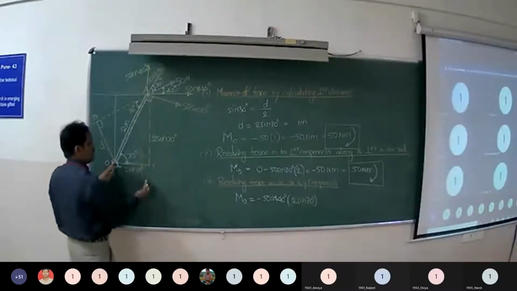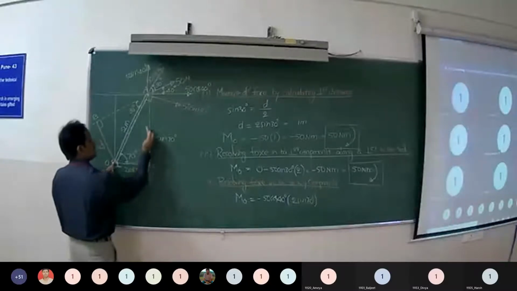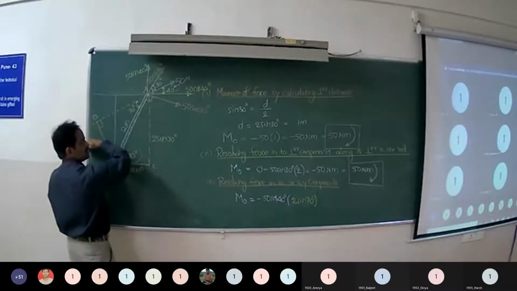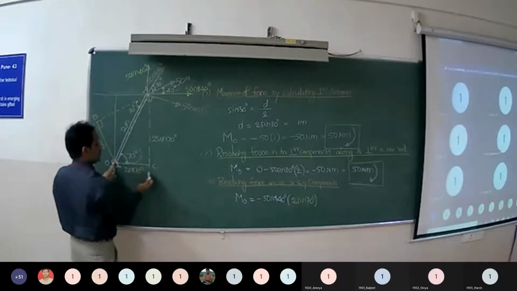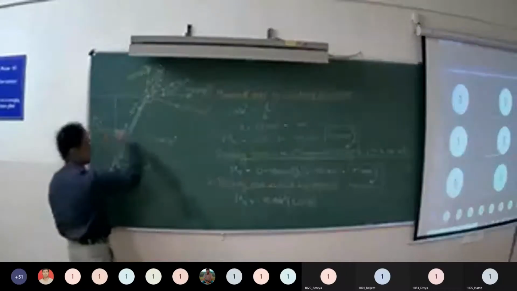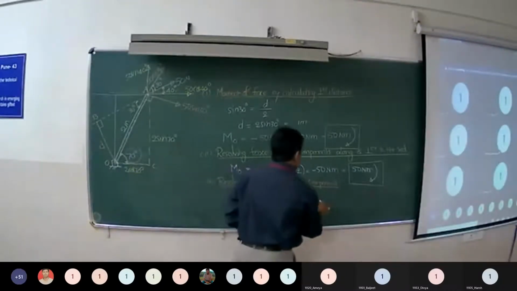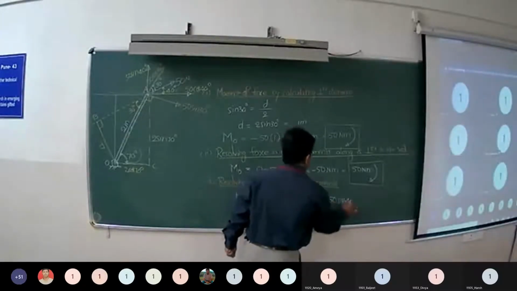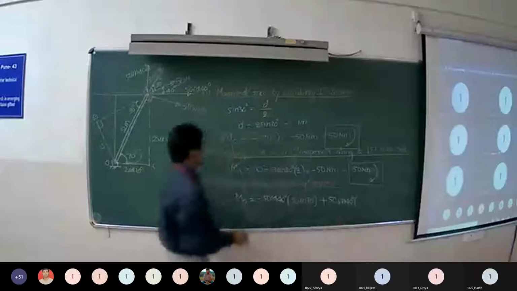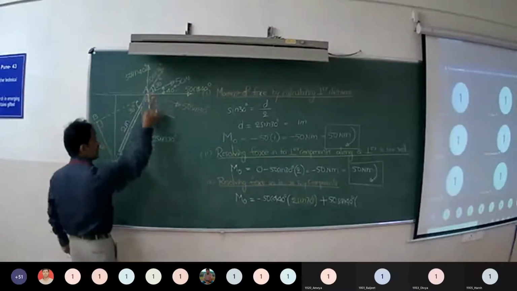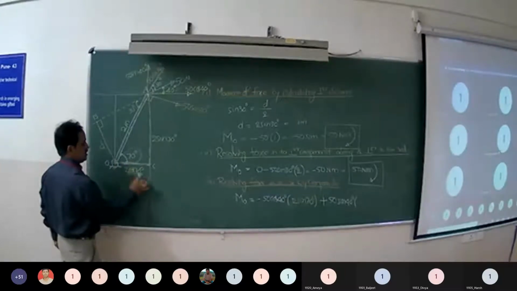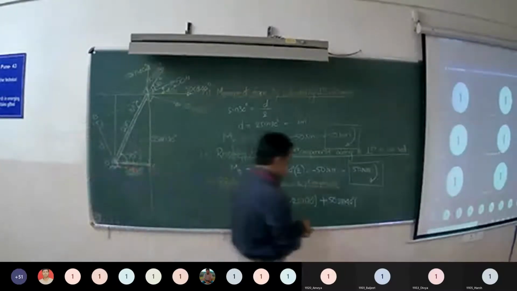It is acting vertically upwards, so it will create anti-clockwise sense. So it is plus 50 sin 40 into the perpendicular distance from the line of action of the force to point O, that is nothing but OC, 2 cos 70.